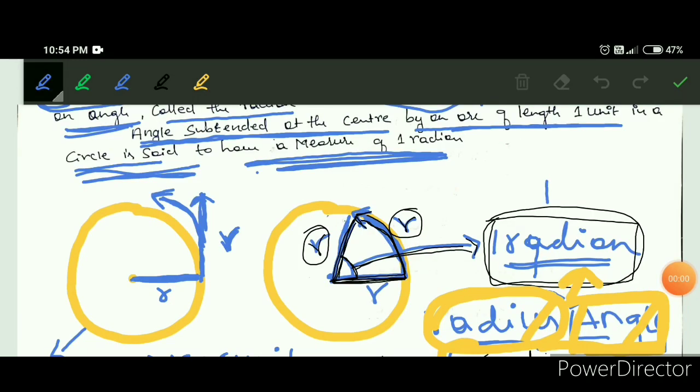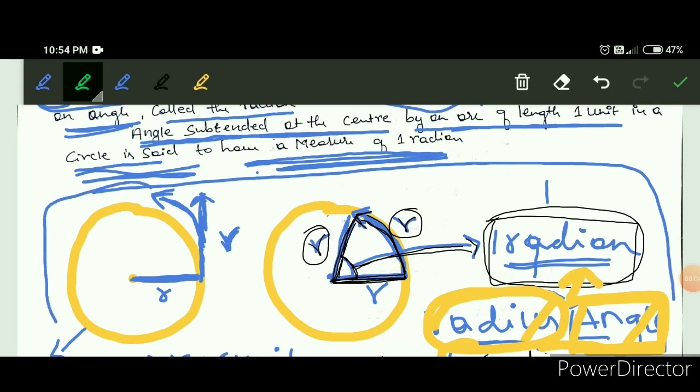And by using these diagrams we can define a radian. The angle subtended at the center by an arc of length 1 unit in a circle is said to have a measure of 1 radian. Here I consider the angle subtended at the center.